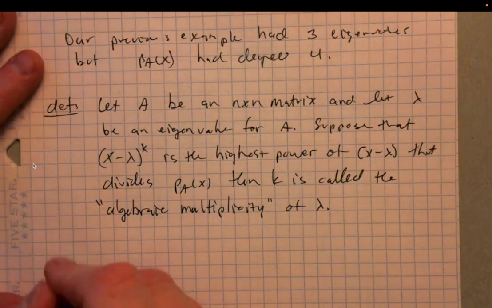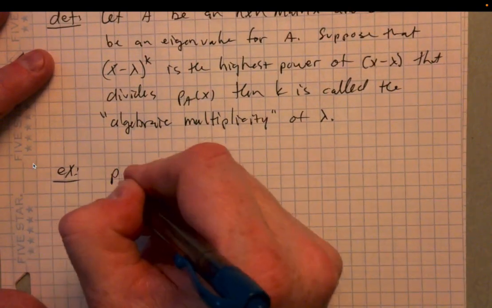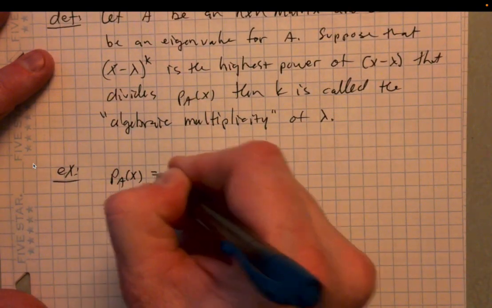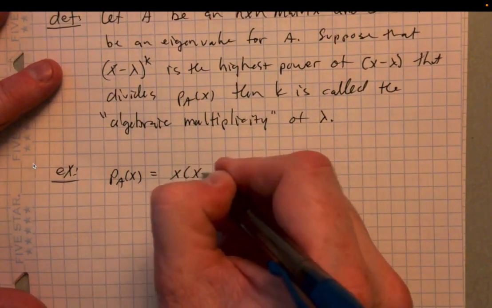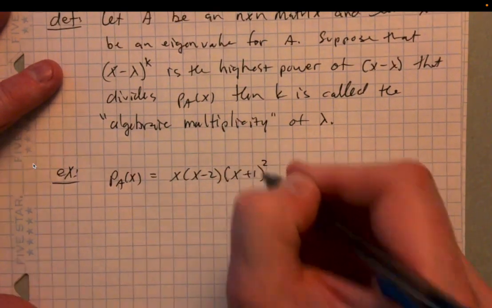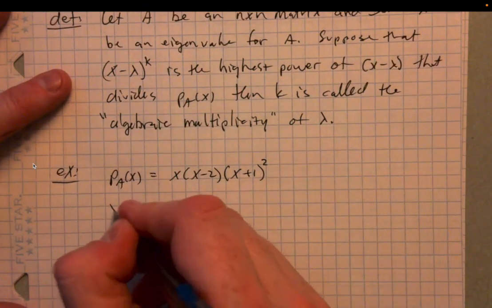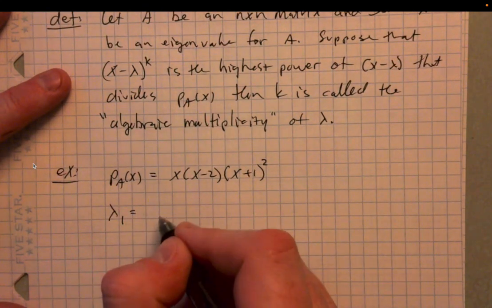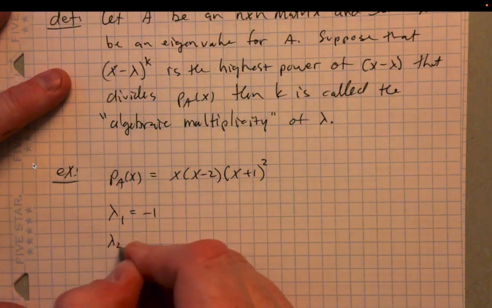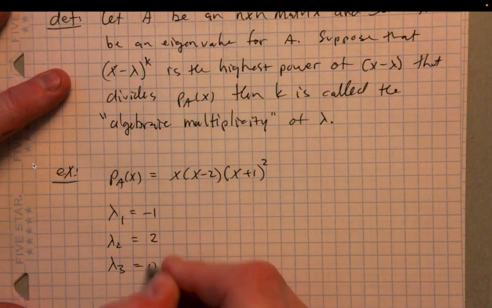So just a quick example, just to make sure this is clear. Previously, we had a characteristic polynomial that was equal to x times (x minus 2) times (x plus 1) squared. So we said that we have lambda 1 equals -1, lambda 2 equals 2, and lambda 3 equals 0.